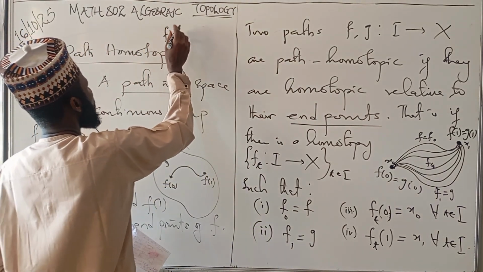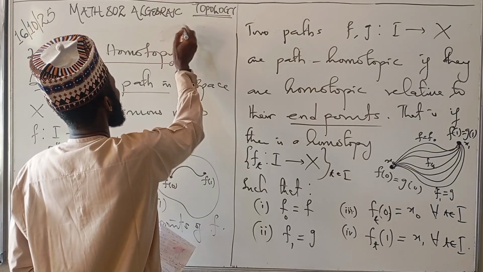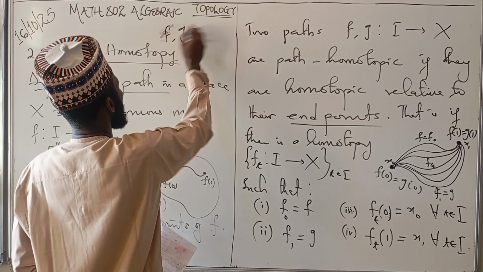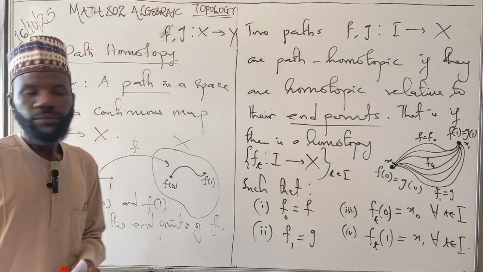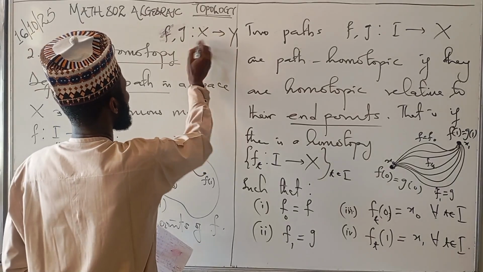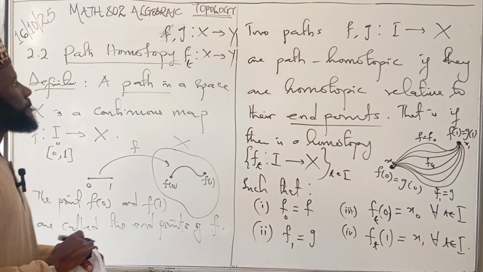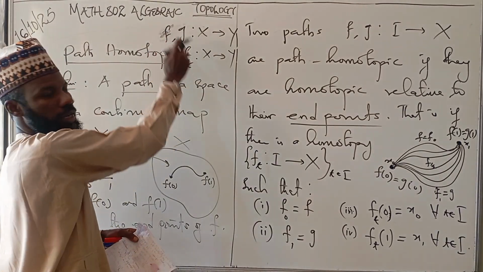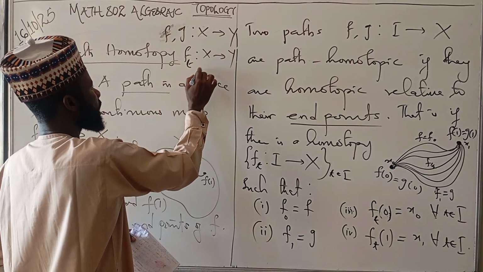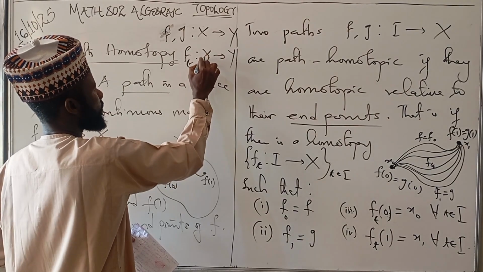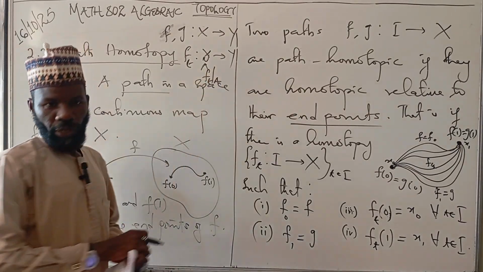We say two functions F and G are homotopic from X to Y if there is a family of maps Ft from X to Y such that F0 is F and F1 is G, and that if it happened that there is a subset A of X such that Ft restricted to A is independent of t.